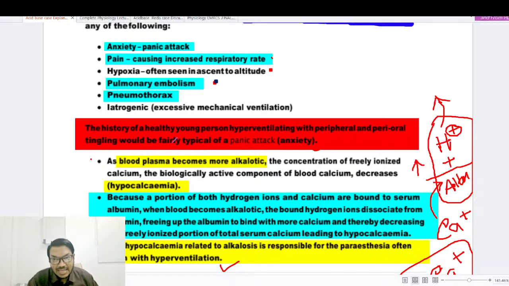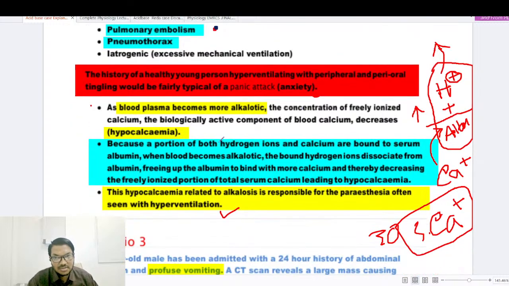The history of a healthy young person with hyperventilation and peripheral and perioral tingling would be fairly typical of a panic attack or anxiety. The blood becomes more alkaline and hypocalcemia can occur, though this is rare.